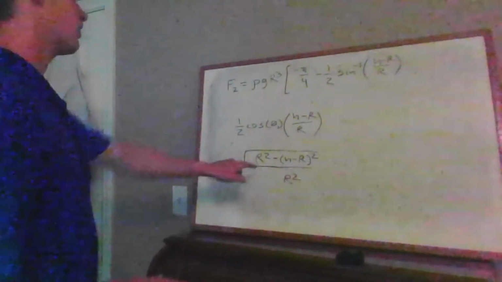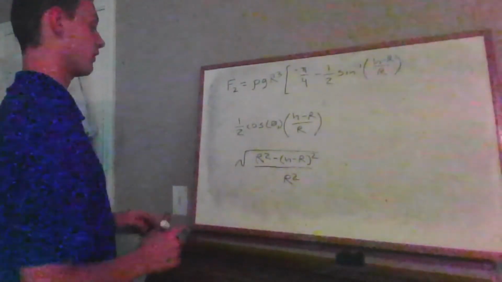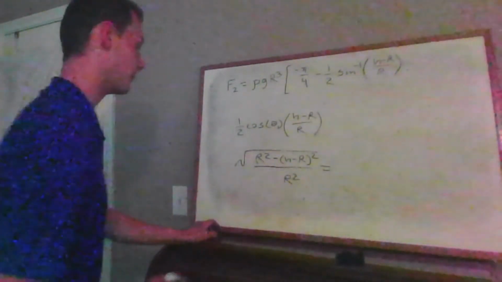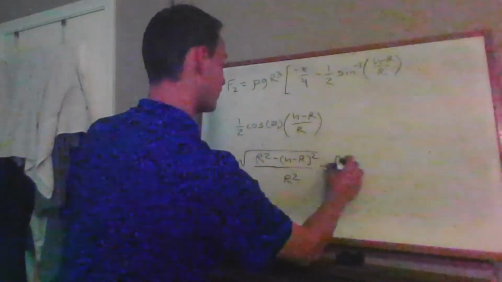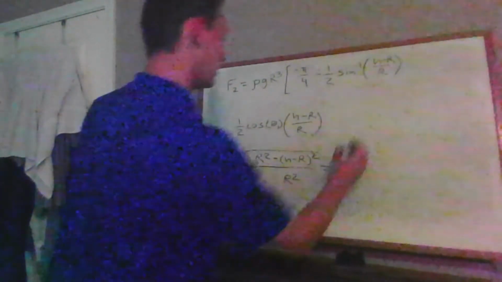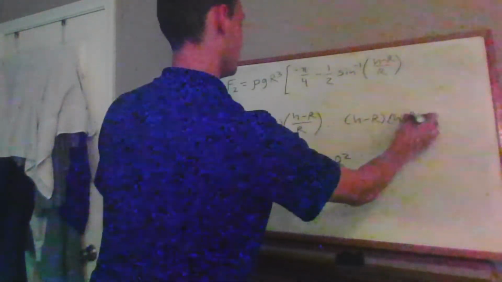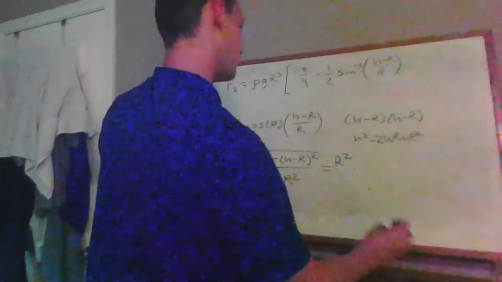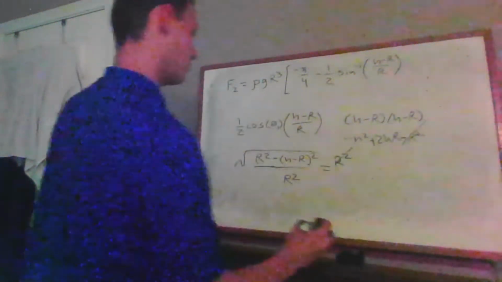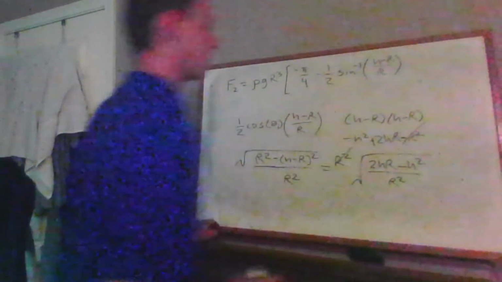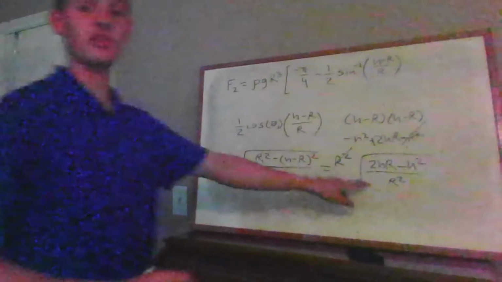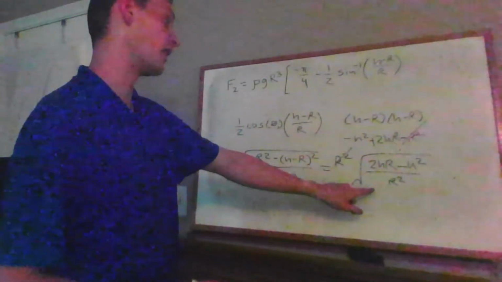So let's try to get a better expression here for cosine theta. So I'm going to work this a little bit. So what would we have here? So this would be r squared. So that's the expression here that we get for cosine theta.